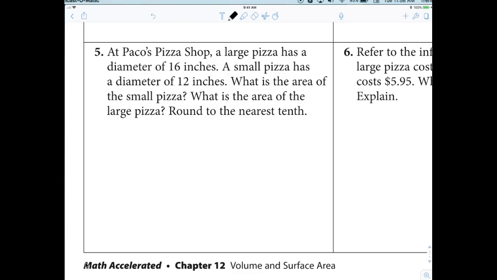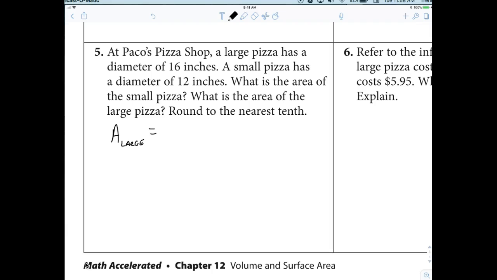Okay, so this is pretty easy. So area of the large. Now look at my notation here, guys. So what do I have to do? What's the radius of the large? 16. Right, so how would I type that in?